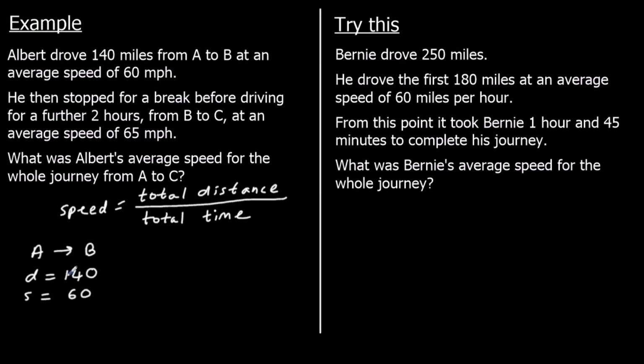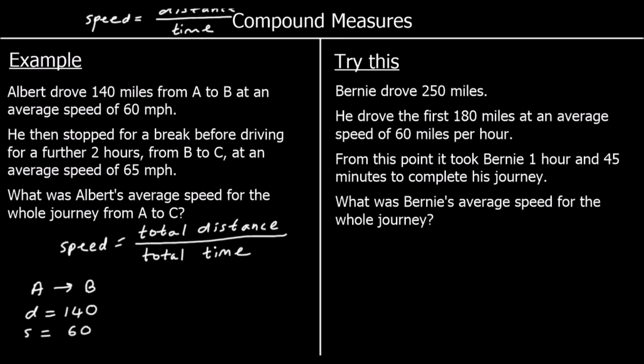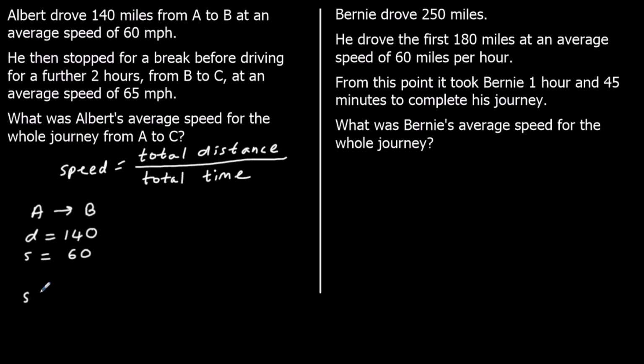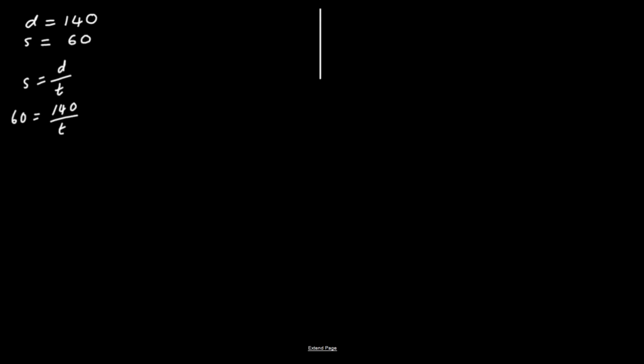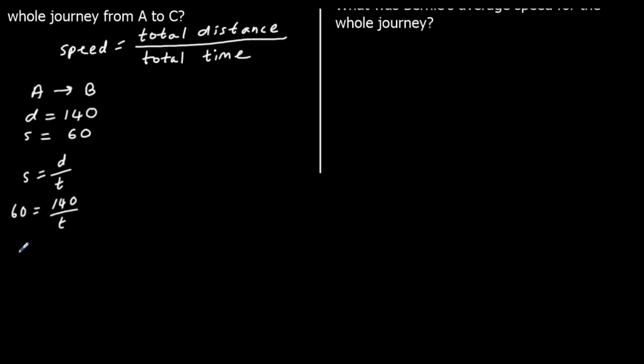So if we've got the distance and the speed, we can find the time. So speed equals distance over time. So 60 is 140 over t. And we're going to find t. So multiply both sides by t. 60t equals 140. And then divide both sides by 60.